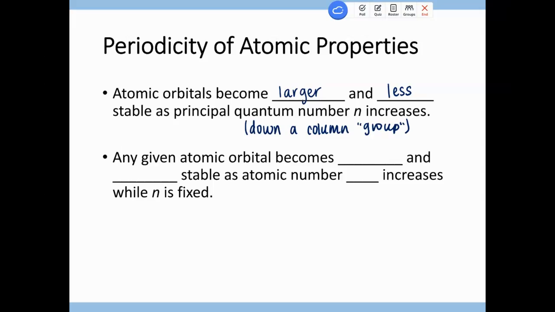If we're going across a row, so left to right, those atomic orbitals become smaller. Smaller atomic orbitals means they're closer to the center of the atom, the center of the nucleus. Electrons being closer to that positively charged nucleus is a stabilizing effect. So smaller and more stable.